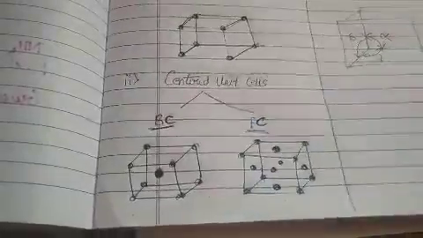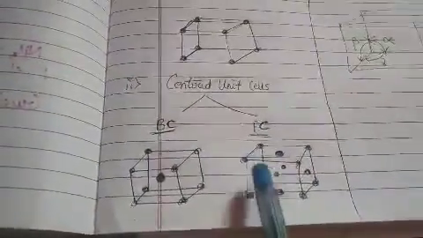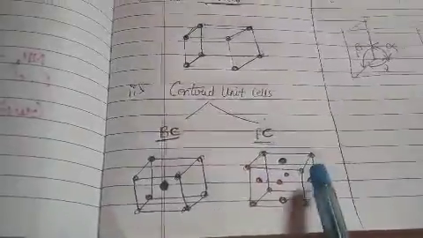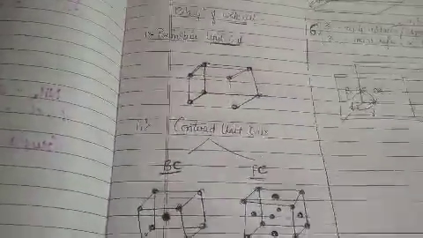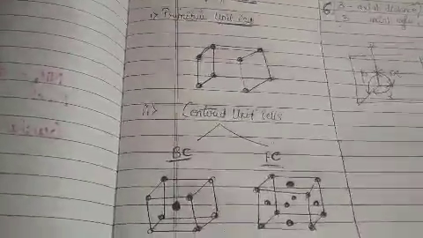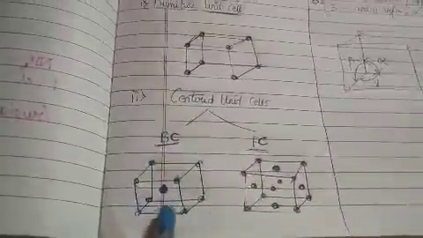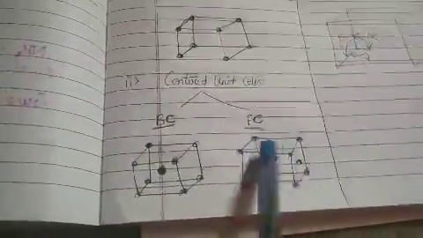In the face centered unit cell they are present at the corners and also at the center of all the 6 faces of your cube. This is very much important when you deal with certain derivations in your later videos. So: primitive, only at the corners; body centered, at the corners and at the center of your unit cell; face centered, at the corners and also at the 6 faces of your cube.